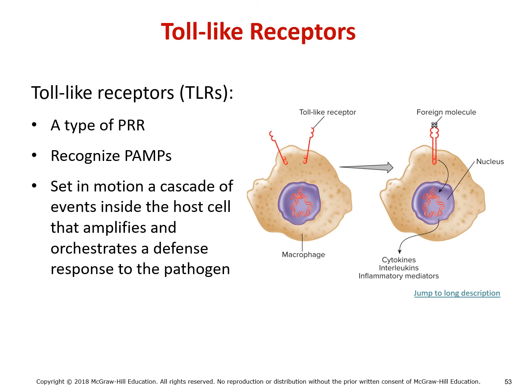So notice here, whenever the toll-like receptor is not activated, they're apart. But whenever the foreign entity comes in, the two parts come together to send a message into the cell that allows for replication of basically important chemical information to be sent out of the cell to other cells. This is a warning system. So we're taking a message and we're amplifying it and sending it where it needs to go.